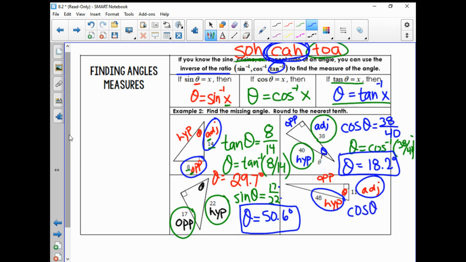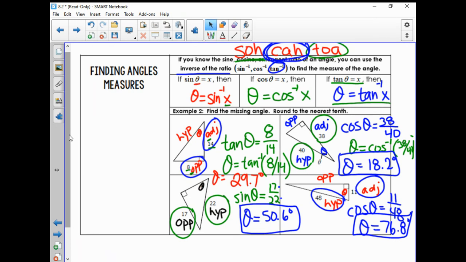The cosine of that angle is the adjacent, which is 11, over the hypotenuse, which is 48. In my calculator, I'm just going to use my second cosine button, 11 divided by 48, and I get 76.8. 76.8 when we round. That is that lovely, nice angle right there. All right, that's example 2.